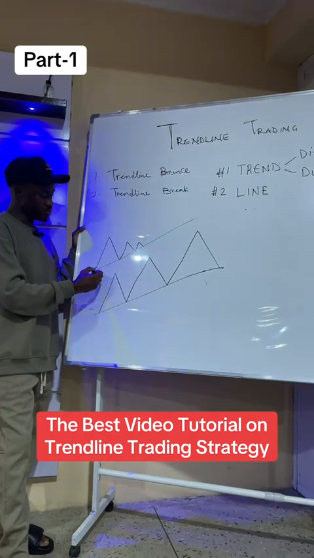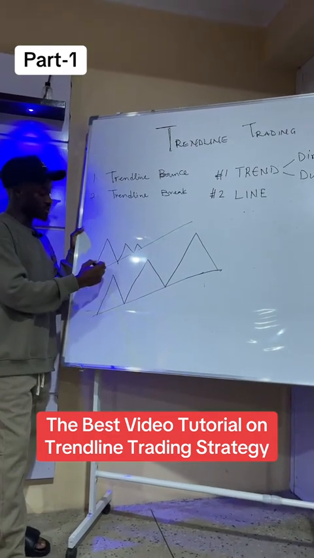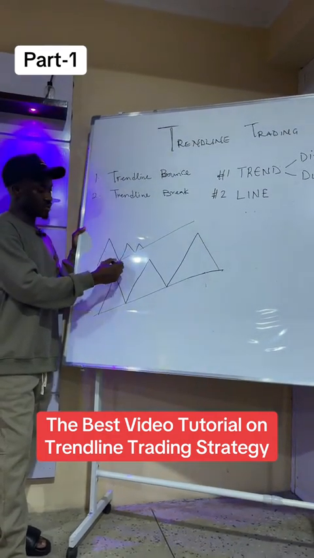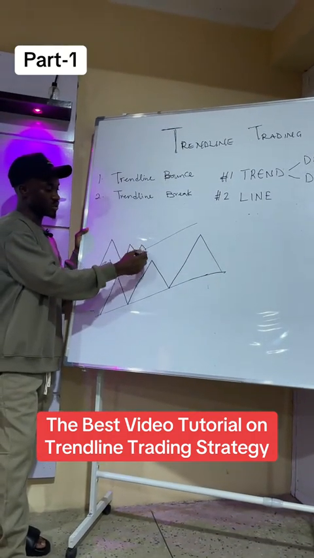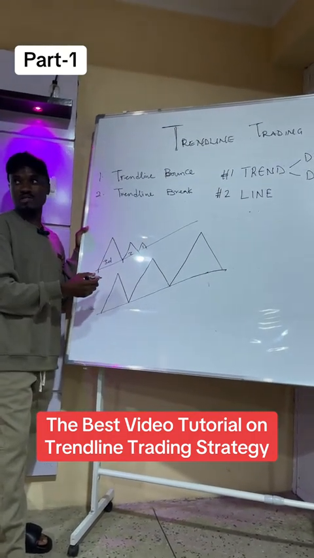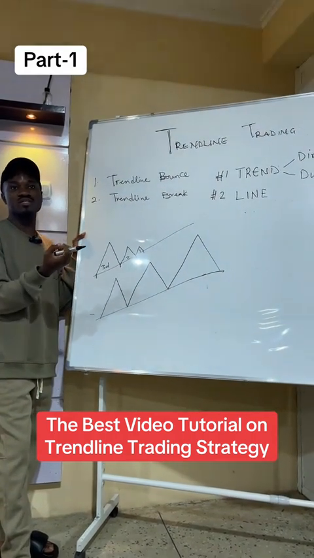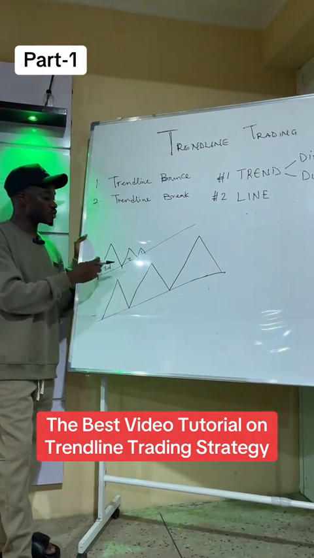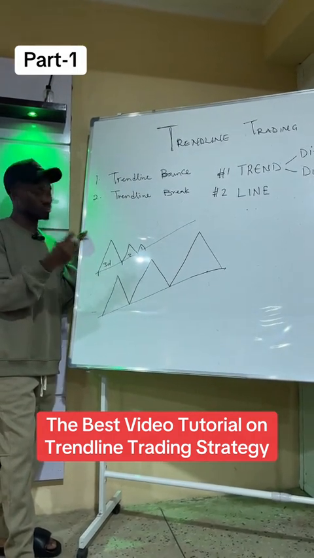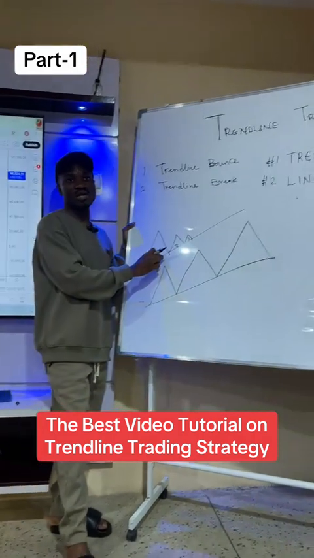Let's say between here and here, it takes us 3 days. Within here and here, it takes us 2 days. Within here and here, it takes us 1 day. It means as price is testing this level, we have reduction in distance. And for us to have reduction in distance, it's showing you the trend line is becoming weaker.